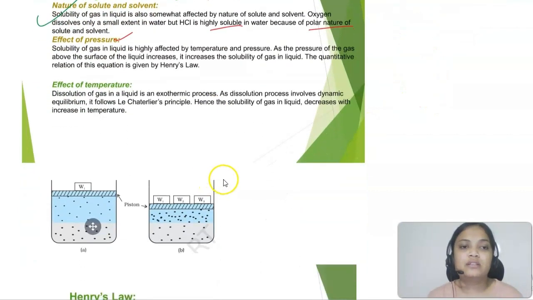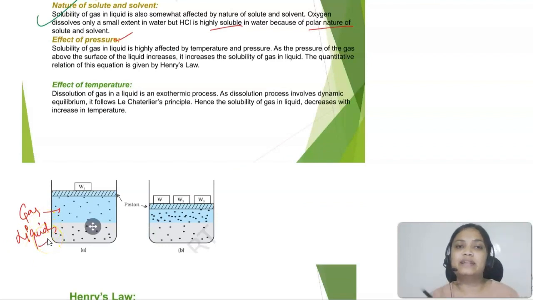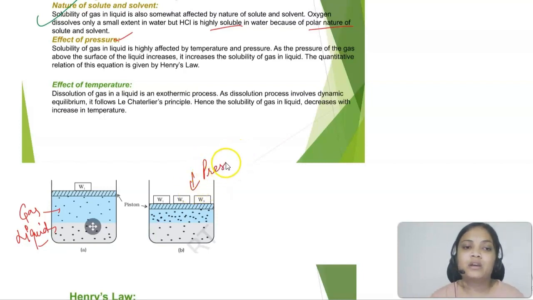Can you see this diagram here? These are the gaseous molecules which are present in the liquid. In this case, the number of gaseous particles entering the liquid and leaving the liquid is the same. The rate is equal, so it means there's an equilibrium. Now what we are going to do here is increase the pressure. This is the piston, we will be increasing the pressure.